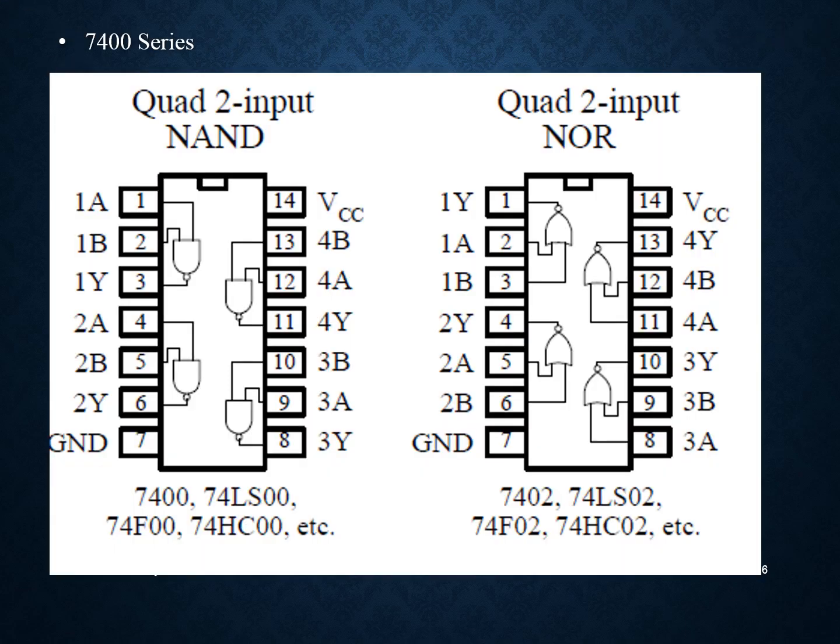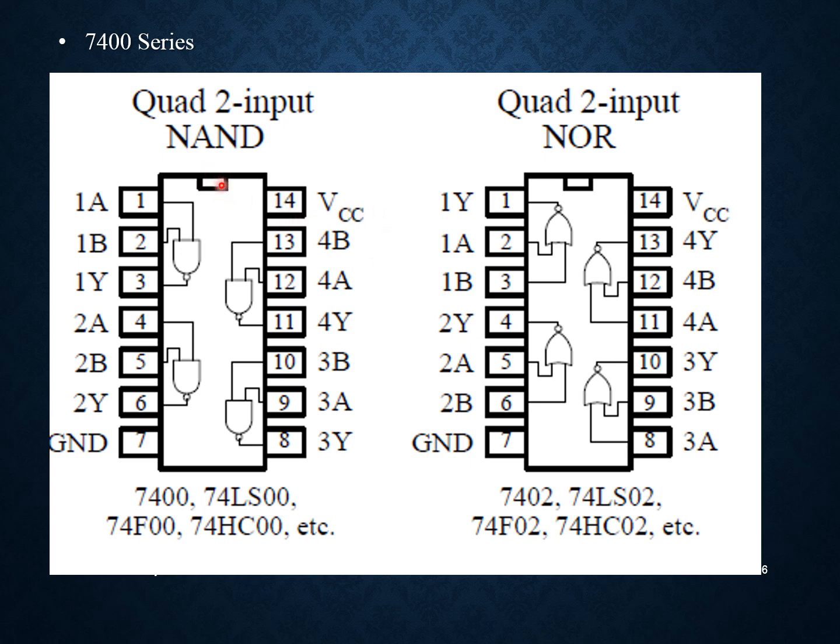Let's see the 7400 series. You can see the quad 2 input NAND gate and the quad 2 input NOR gate. Both of them have 4 gates, 1, 2, 3, 4, and there are 14 pins. Pin 7 and pin 14 are the power supply pins, ground for 7 and 5 volts for 14.